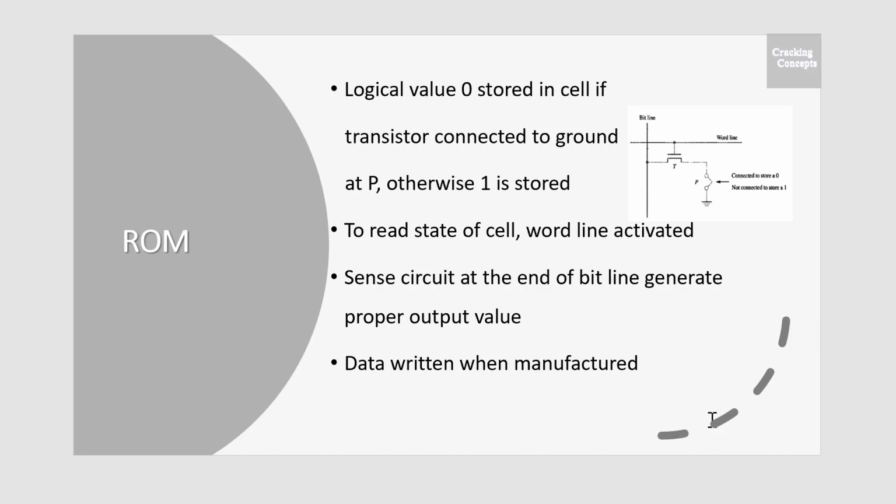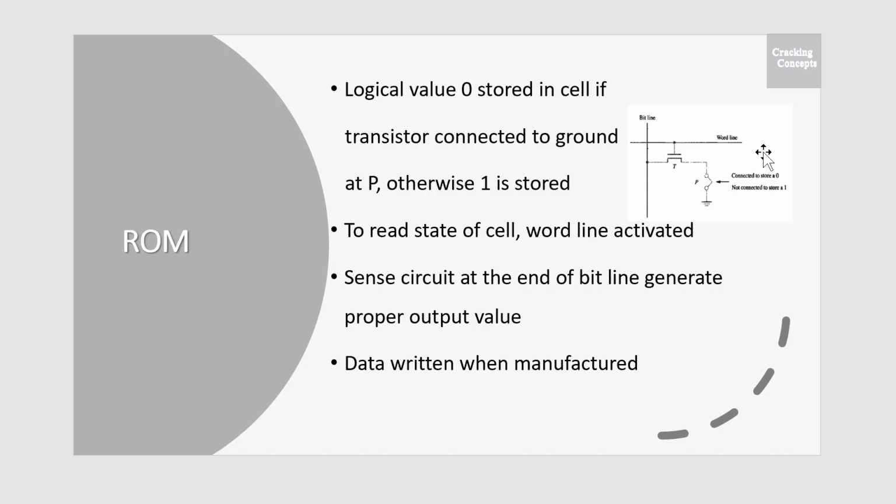Figure shows a possible configuration of a ROM cell. A logic value 0 is stored in the cell if the transistor is connected to the ground at point P, else a 1 is stored. The bit line is connected through a transistor to the power supply. To read the state of the cell, the word line is activated.